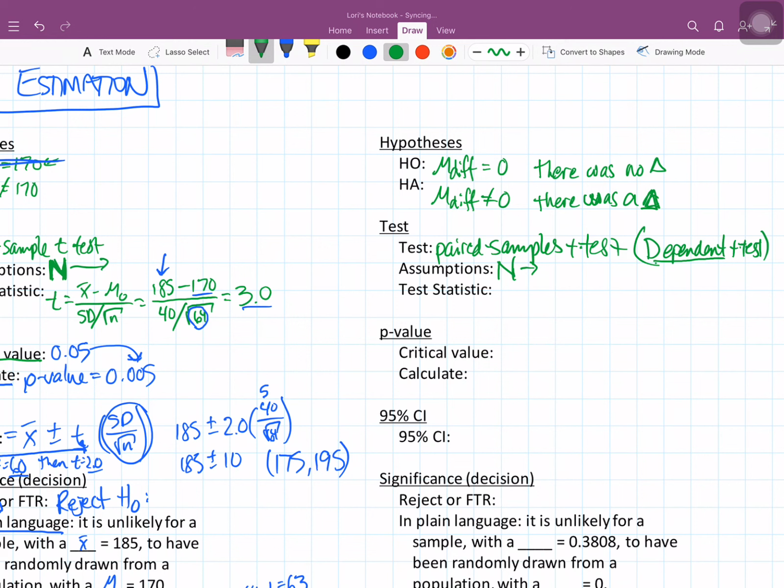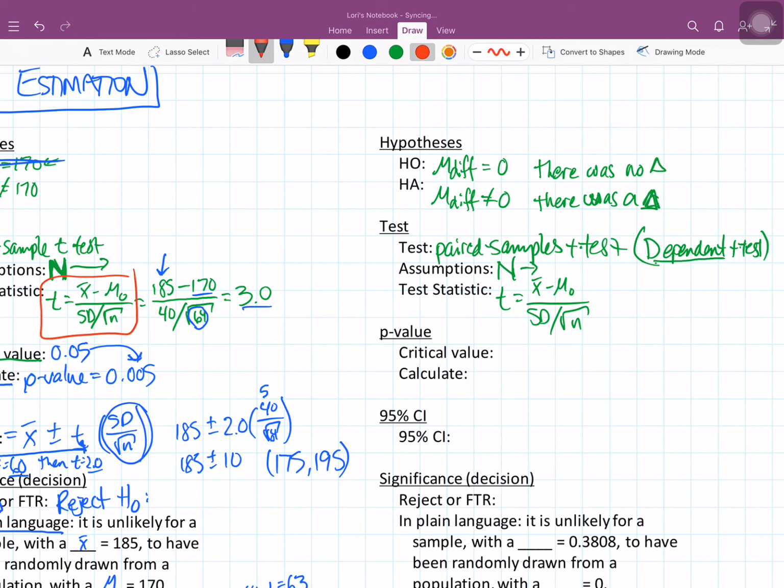The test statistic, I hope, looks very familiar to you, and I hope that as we go through here you're seeing that the one sample t-test and the paired samples t-test are very, very similar to each other. The test statistic t is equal to x bar minus mu sub 0 divided by the standard deviation over the square root of n. Somebody might ask, what on earth is the difference between that and this one over here?